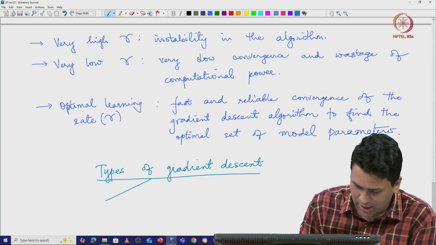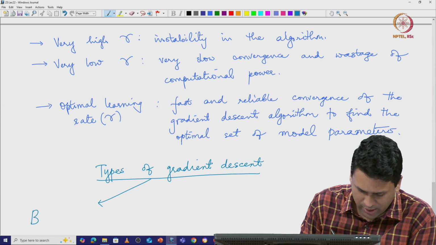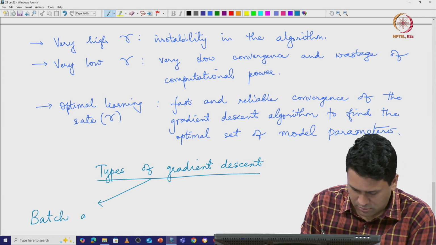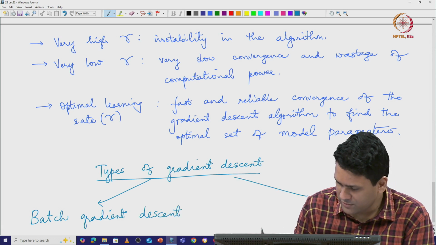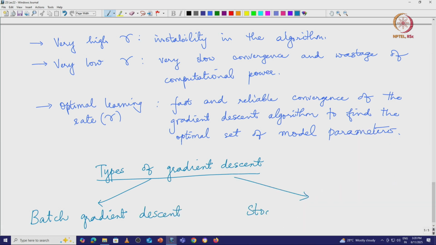There is something known as batch gradient descent, and there is something known as stochastic gradient descent, SGD.